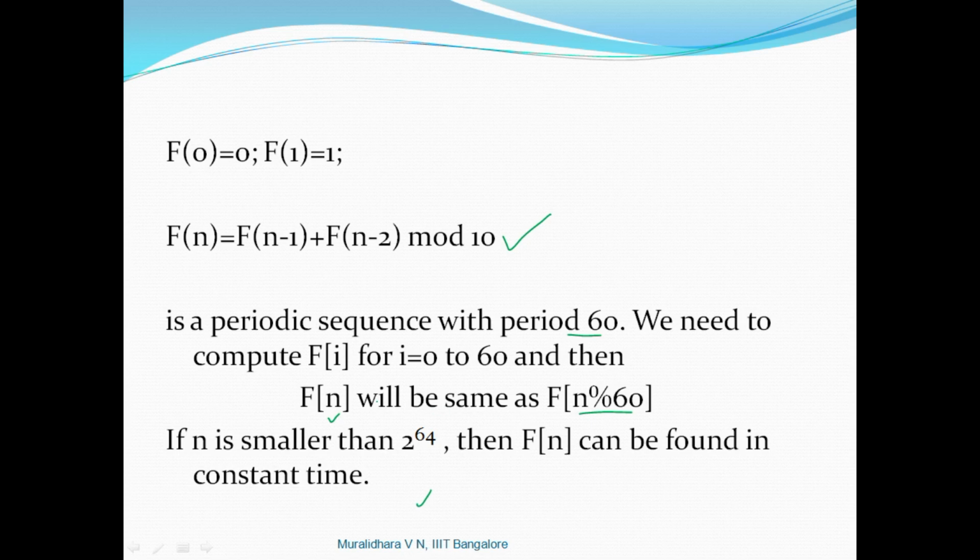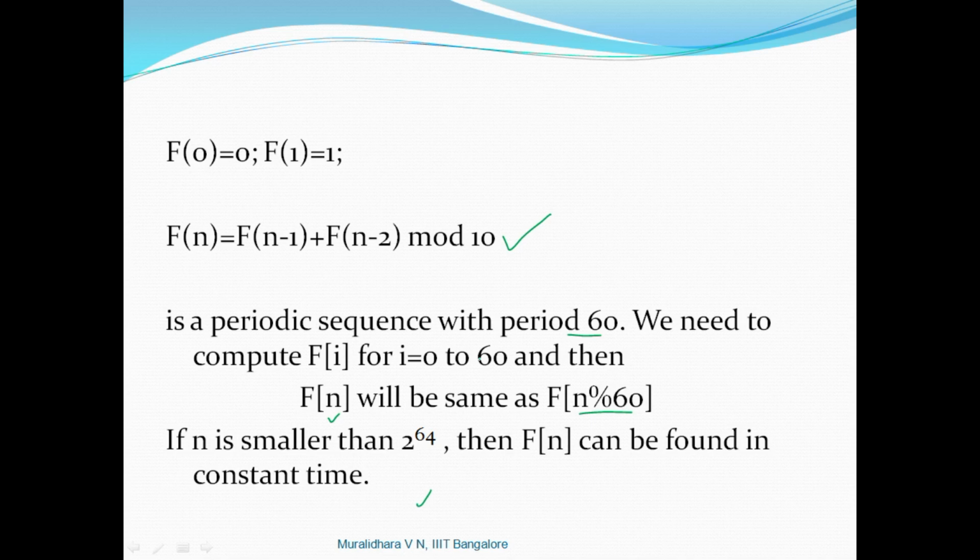Computing the f values from i equal to 0 to 60 is also constant time. Once you compute the values for the first 60 numbers, then given any n, all you need to do is take mod 60 and report the corresponding number. This n mod 60 can be found in constant time.